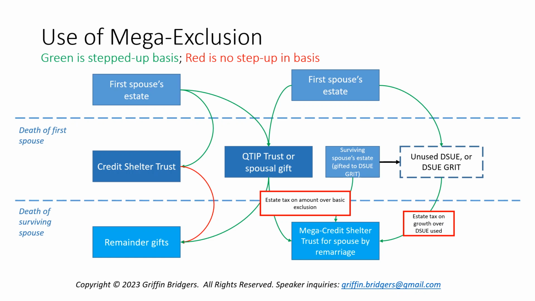So the spouse by remarriage could benefit from the DSUE in that remainder interest trust, but could also benefit from perhaps a use of DSUE during the surviving spouse's life for a SLAT or a DSUE GRIT. So you have two options here as to where the spouse can benefit.